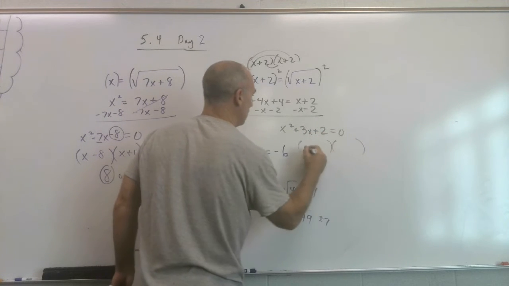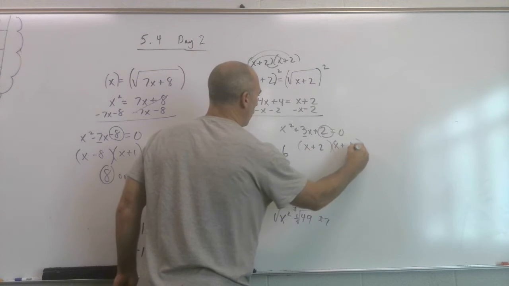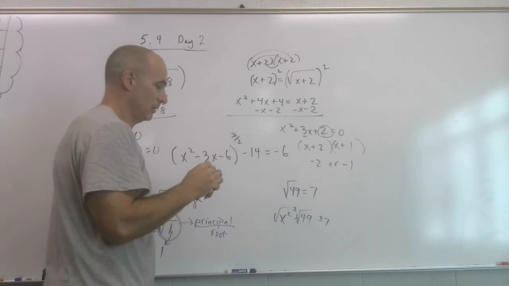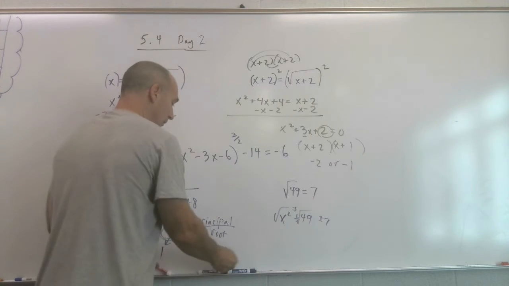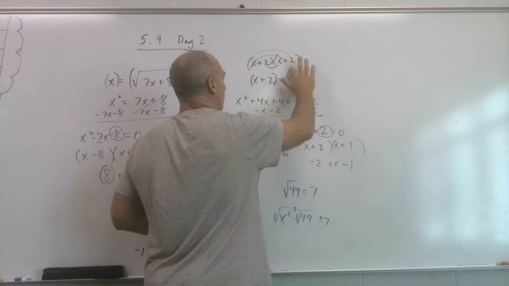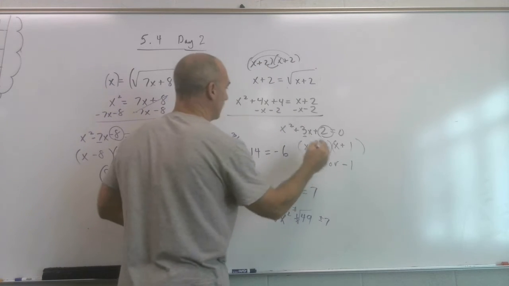Factor that bad boy. Two factors of 2 that add up to 3: 2 and 1. So my answers are negative 2 or negative 1. Not my answers, my possible answers. Now I've got to check them out. So let's get rid of that, because those weren't part of the original. And we say, all right, pop negative 2 in.